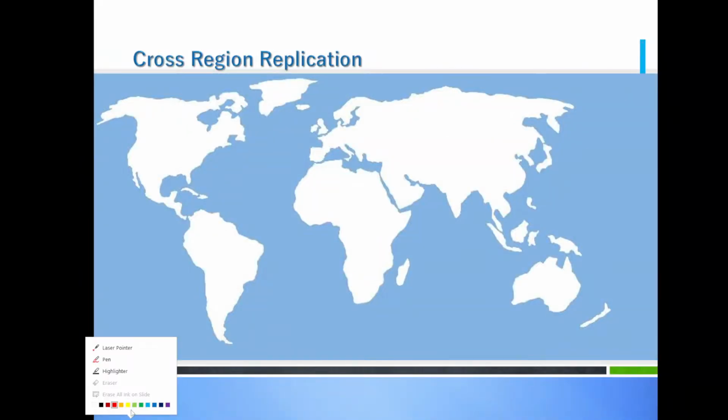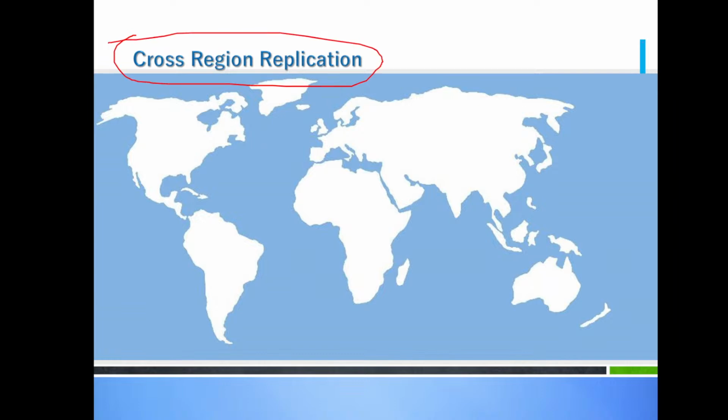Now, the next topic is cross-region replication. What is cross-region replication? Now, you have one bucket in... okay. Can you give me an example of the most popular website or app which works on Amazon, where the backbone is Amazon for that particular website or company?